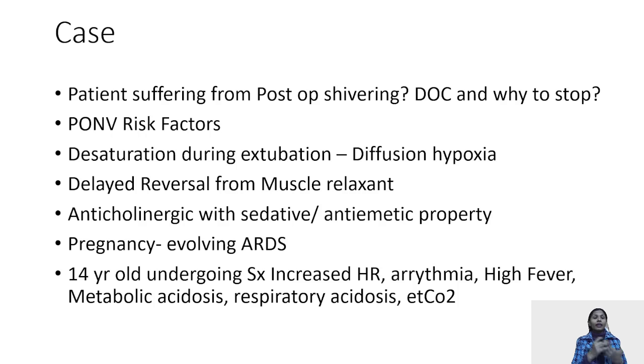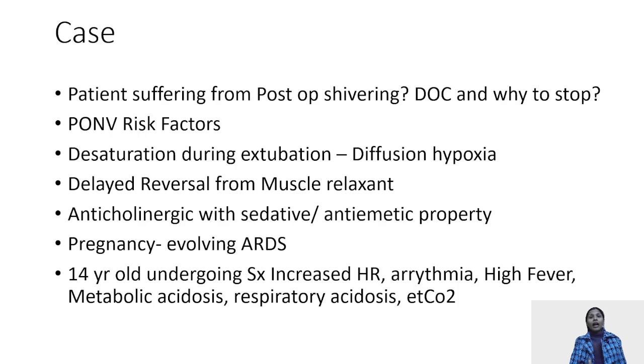Then you can have aspiration pneumonitis, the case that I've already told, like a pregnant lady posted for emergency C-section. You took up the case in general anesthesia, and eventually and slowly you have an evolving ARDS in that patient. What could be the reason? The reason is aspiration pneumonia or Mendelson syndrome.